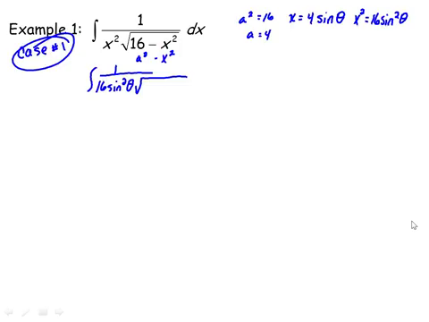times the square root of 16 minus, I need another x squared. We already know what x squared is, so let's go ahead and put it in. 16 sine squared theta times dx. What is dx? If x is equal to 4 sine theta, what is dx?